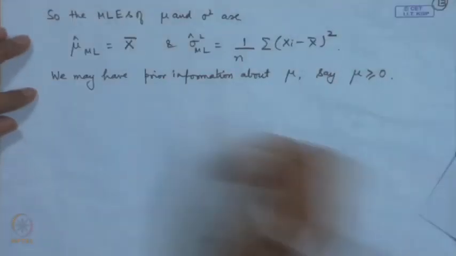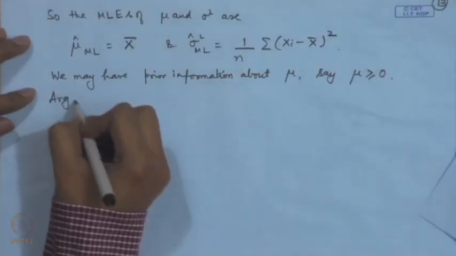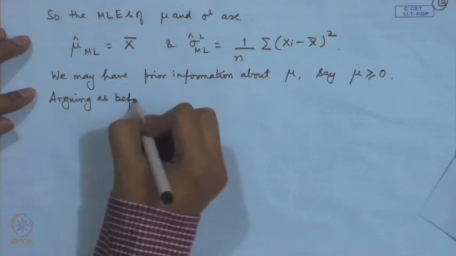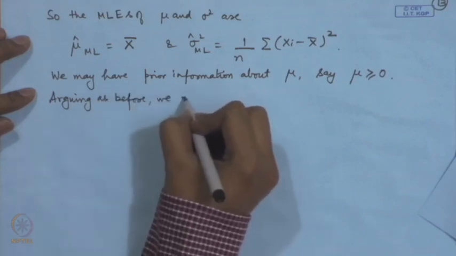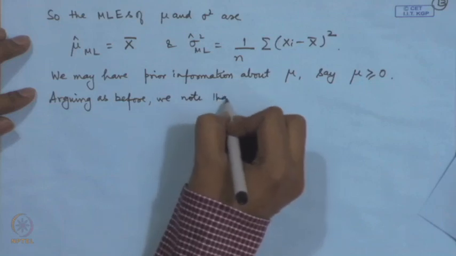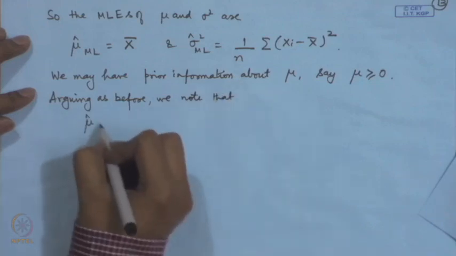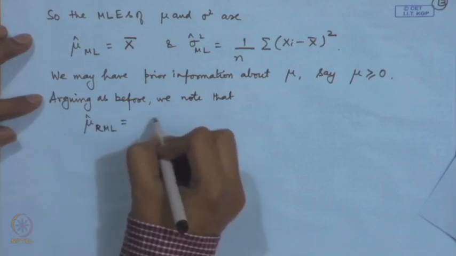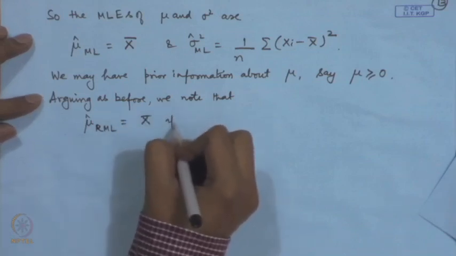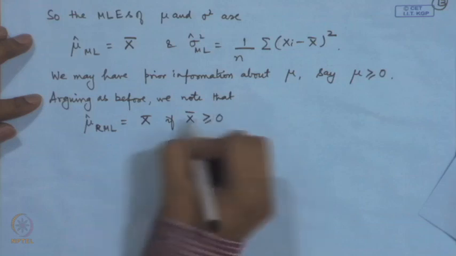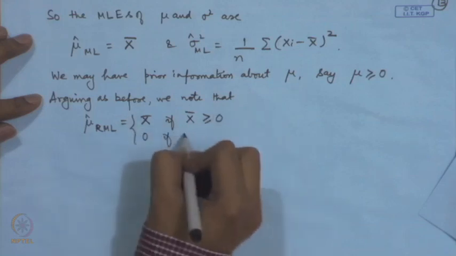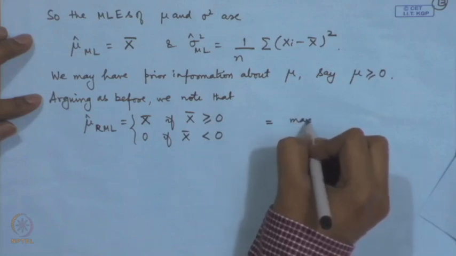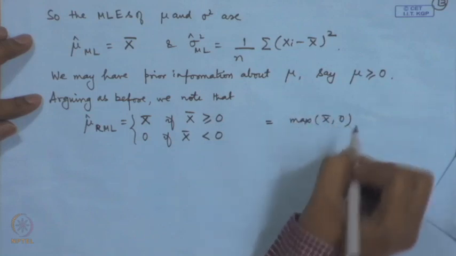So, arguing as before, we note that mu hat restricted ML will be equal to x bar if x bar is greater than or equal to 0, it will be equal to 0 if x bar is less than 0, which we can actually write as maximum of x bar and 0.